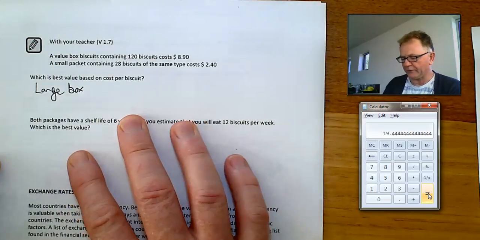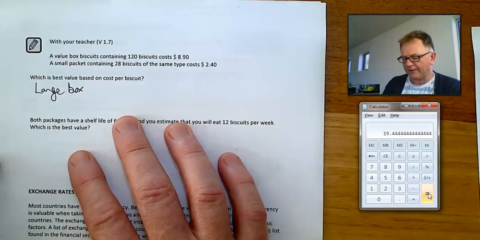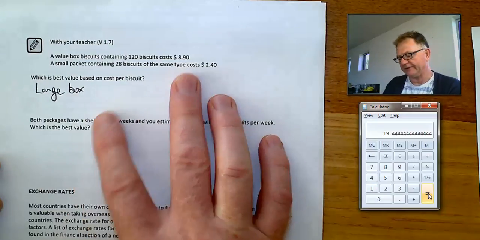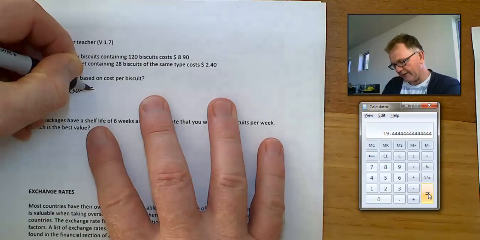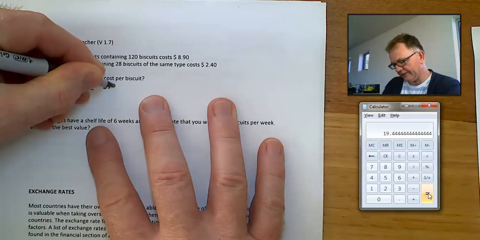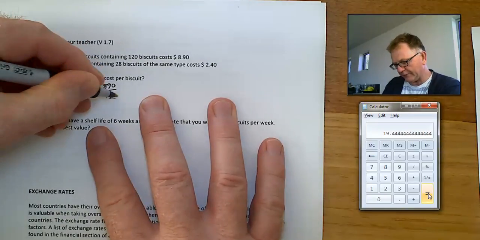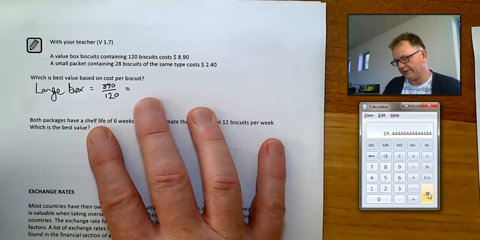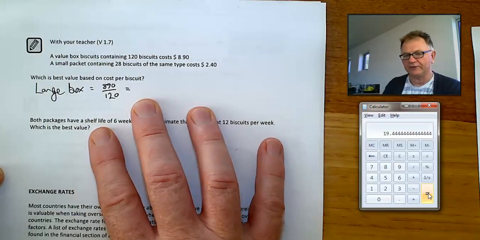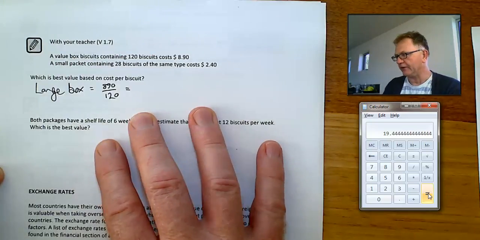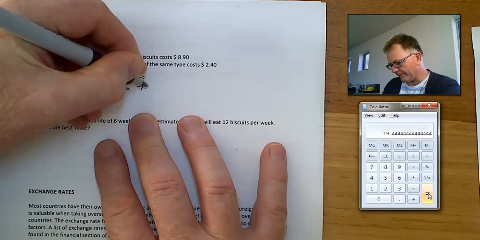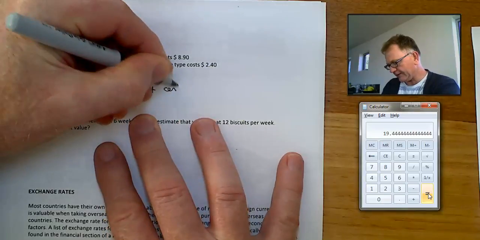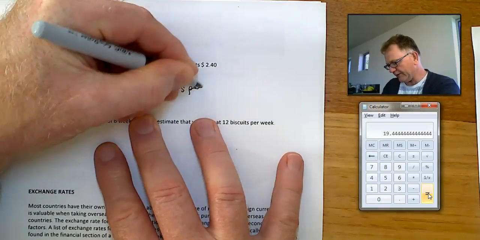what we need to do if we want to get the value of it in cents per biscuit, we need the cost in cents, which will be 890 cents divided by the number of biscuits, 120. Now, I've done this beforehand, you can check me out, but it works out to be 7.4 cents per biscuit.